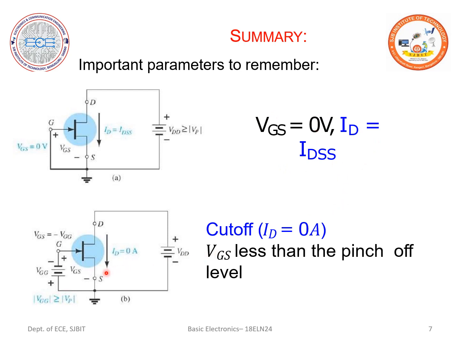Similarly, in the cutoff region, VGS is less than the pinch-off level, that is, the gate source voltage is negative, so VGS is equal to minus VP. This happens when ID is equal to 0 ampere.